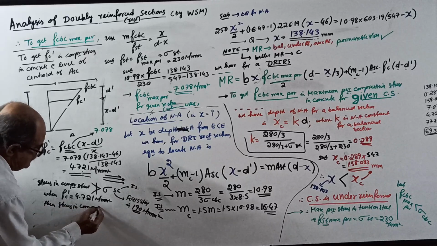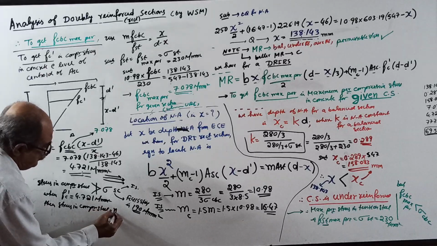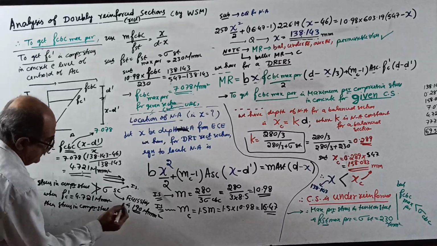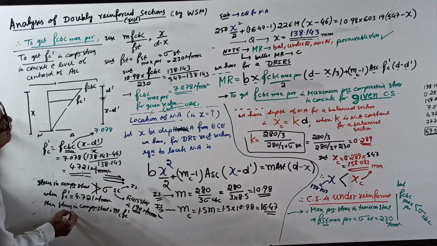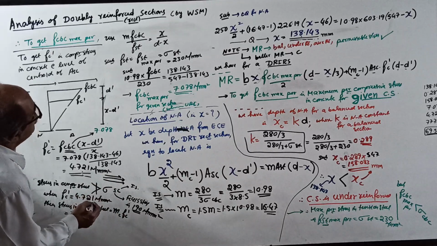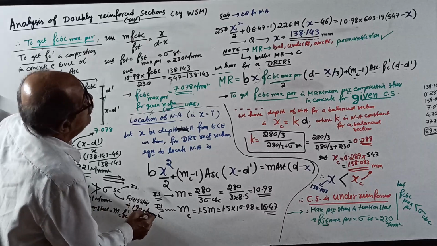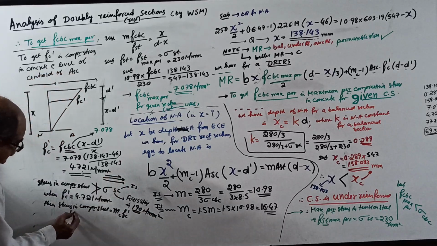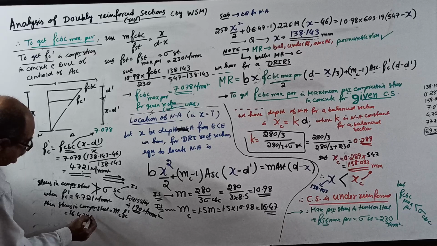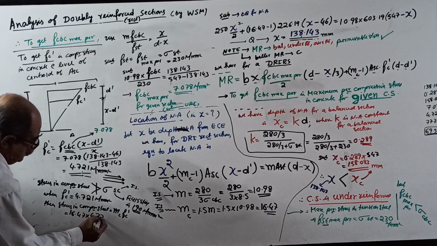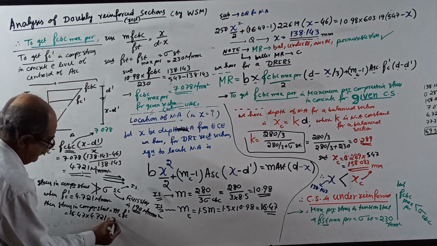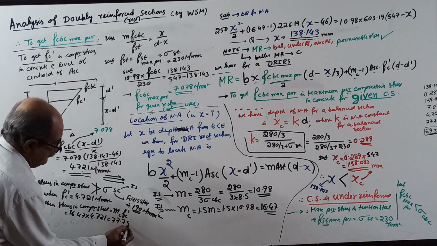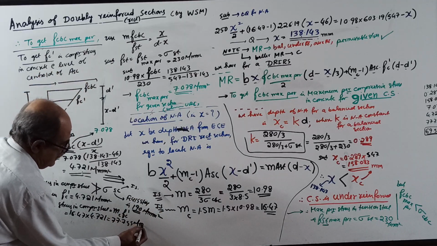compression steel equal to MC minus 1 times FC dash, where MC minus 1 is 16.47. 16.47 into 4.721, it will come 77.755 Newton per mm square.